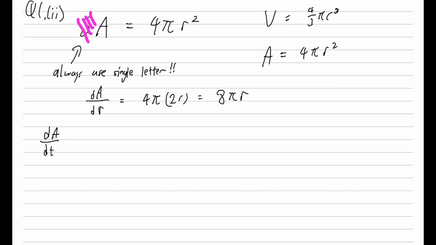What's given? Step 3. It was just dV by dt, 50 cm cube per second. Okay, that's given. Then dA by dt. Then what we were saying, split, right? How to split? First fraction, second fraction.